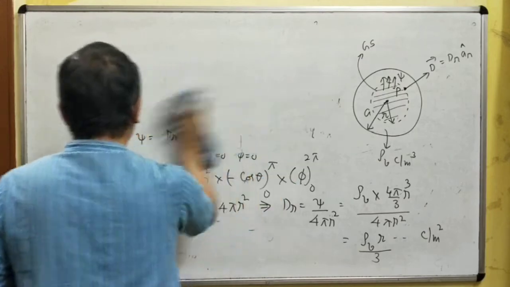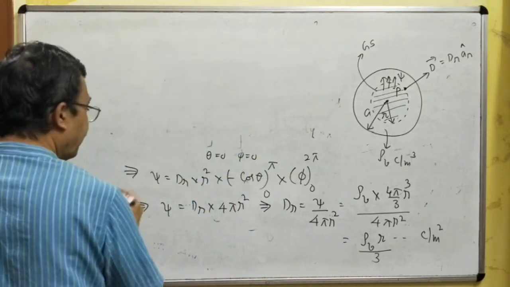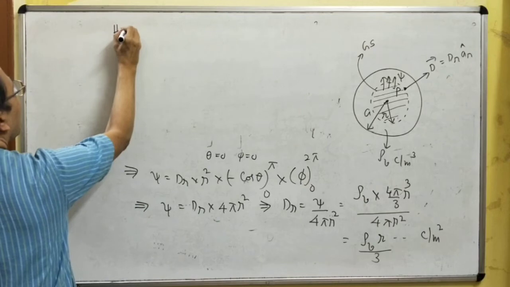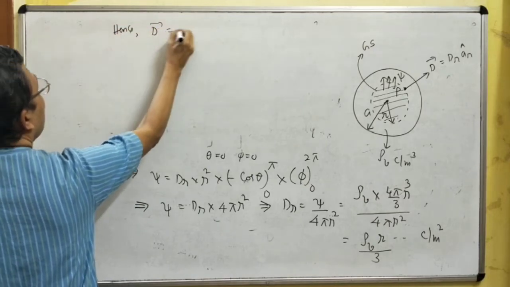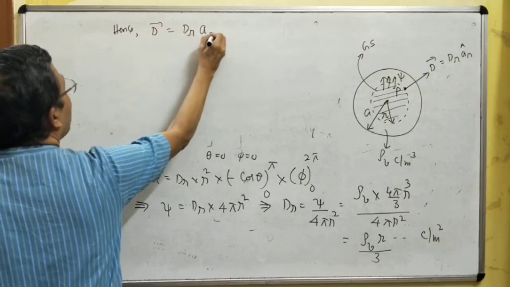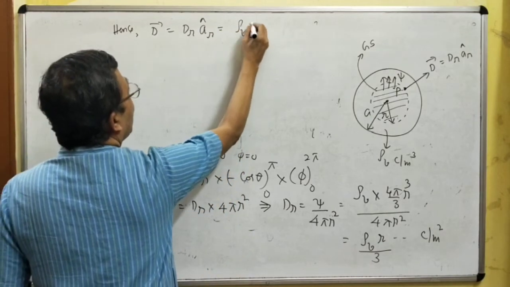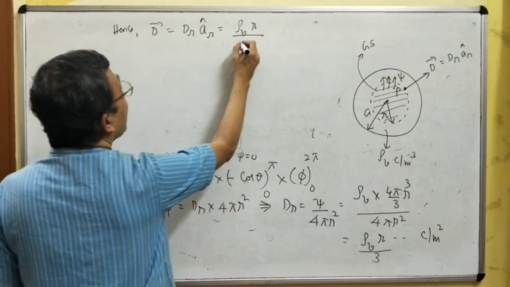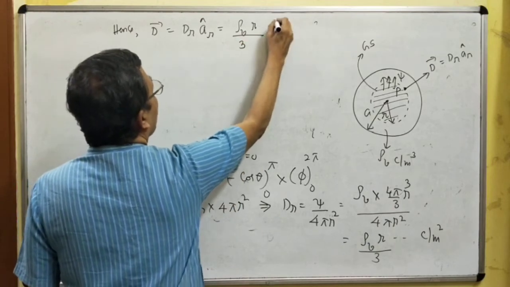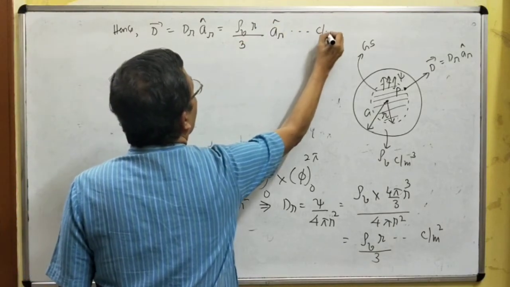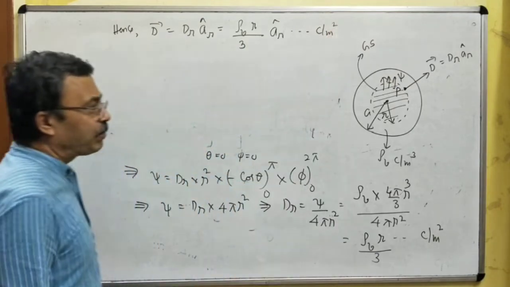Very involved problem. Hence, vector D is equal to Dr into ar cap. What is Dr? Dr is rho v into r divided by 3 into ar cap coulombs per meter square.